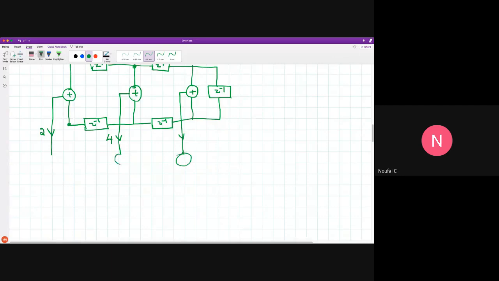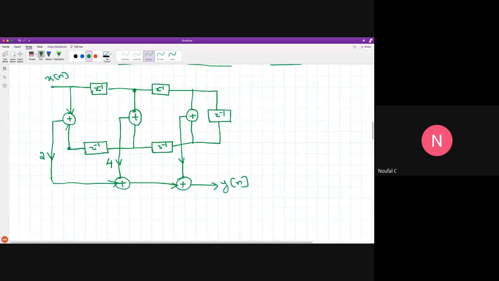There is a summer over here, another summer over here, and let me take this to this one, this to this one, and here you will get the value of y of n. Okay, so it seems to be a bit involved, but it is rather simple for realization. Let me put the arrows correctly. So this is the direction.